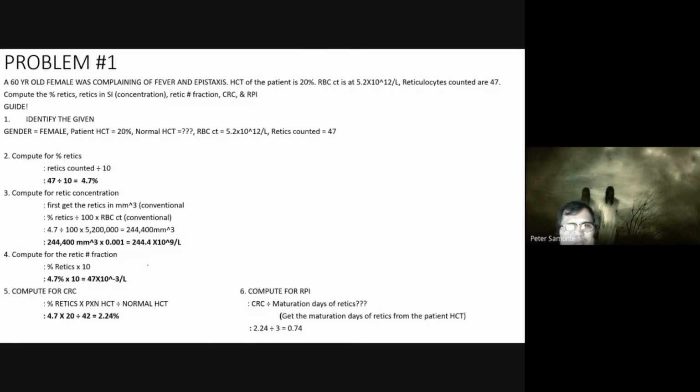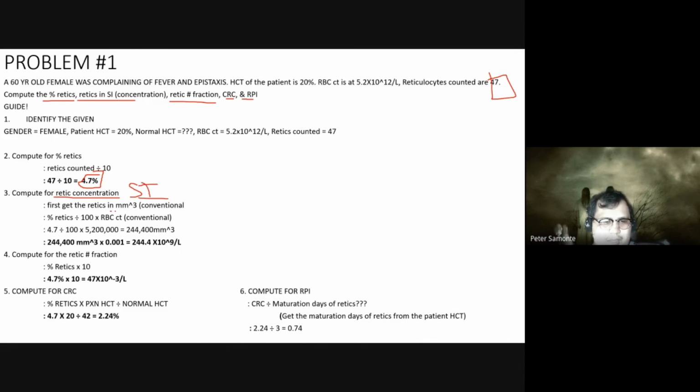Okay, so here's an example again. Compute the percent retics, retics and SI, retic number fraction, CRC, and RPI. So we have your percent retics. How many retics did you count? 47. So 47 divided by 10, you would get 4.7. Then you would get the reticulocyte concentration, also known as the SI.